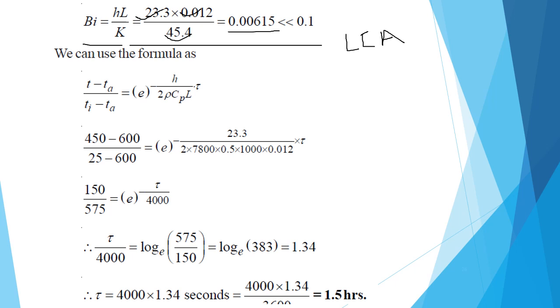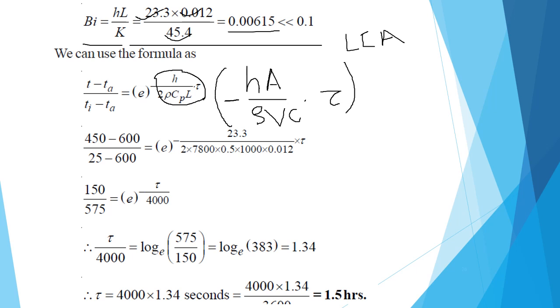So you can write here (T minus Ta) divided by (Ti minus Ta) equals e raised to minus hA upon rho V c into tau. Don't worry about the derivation of this formula, directly go for it.